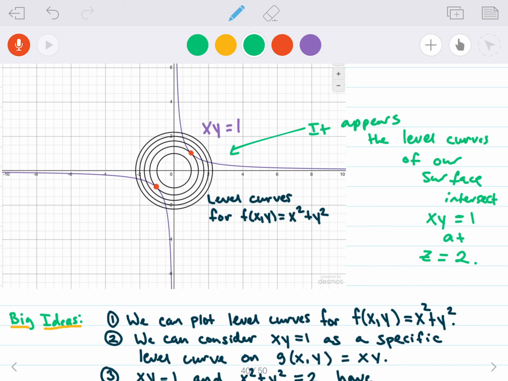Right, because this guy right here is representing z equals 2 as a level curve of our surface.